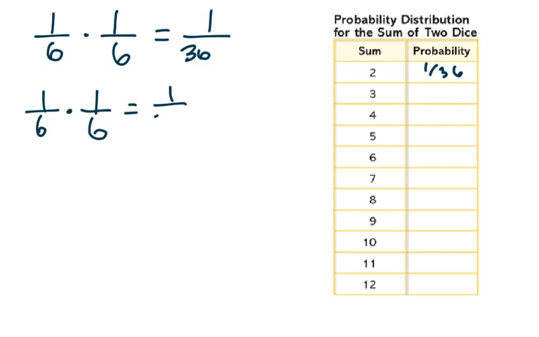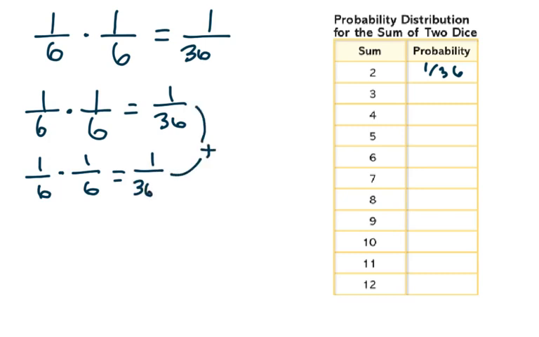So it's a 1 out of 36 chance that the first die I roll is a 1 and the second one I roll is a 2. What if I switch that though? What if the first one gets a 2, that's a 1 out of 6 chance, and the second one gets a 1? Well, that's also going to be 1 out of 36. So if I add them together, I get 2 out of 36.